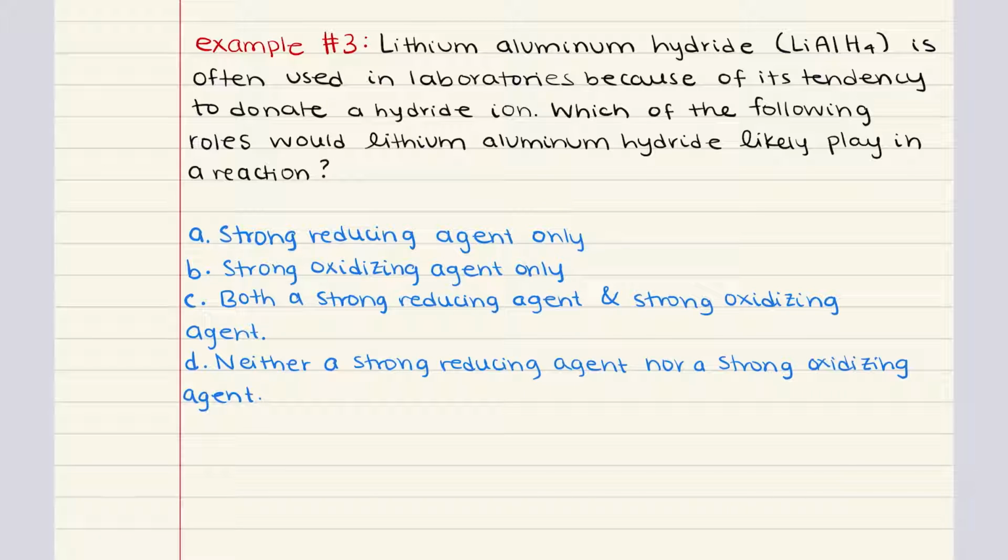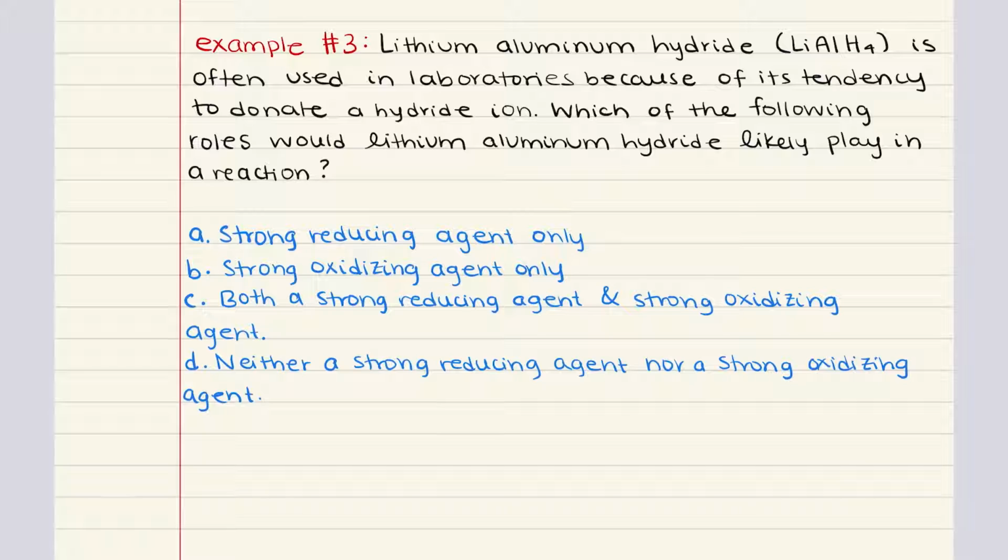And D says neither. Now, to determine the role that lithium aluminum hydride likely plays in a reaction, we need to understand the chemical properties and the common uses of lithium aluminum hydride in a laboratory setting. This is a powerful reducing agent that's commonly used in organic chemistry.